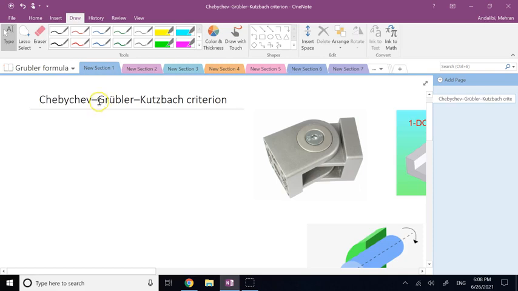The more complete name of it is the name of the 3 people, Chebychev-Grübler-Kutzbach criterion. We might also call it the mobility criterion, but most people know it by the name of this scientist, Grübler, and it is quite simple.